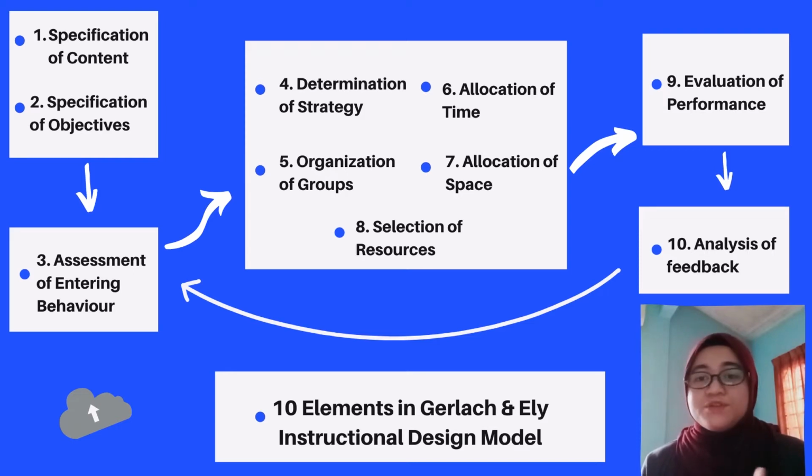After that, you will go to the evaluation of performance and analysis of feedback. When you're done with all of this and you want to start over with a new content, you will need to go back to assessment of entering behavior. Now, what do all of these elements mean? I will explain in the next slide.